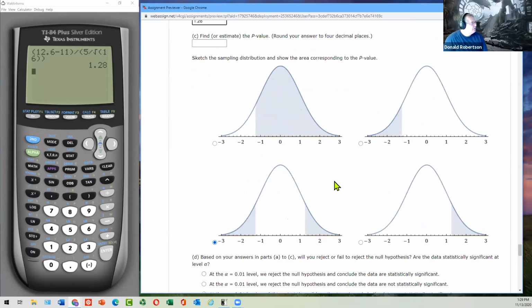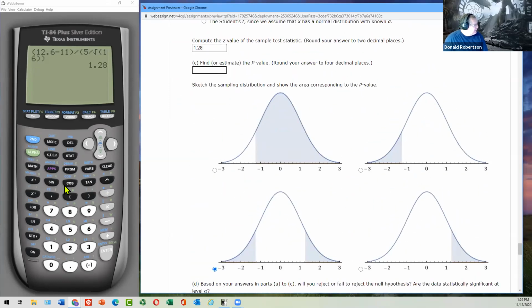Now, finding the p-value. Second distribution, choice number 2. We have to be either bigger or less. That's the only choices we've got.